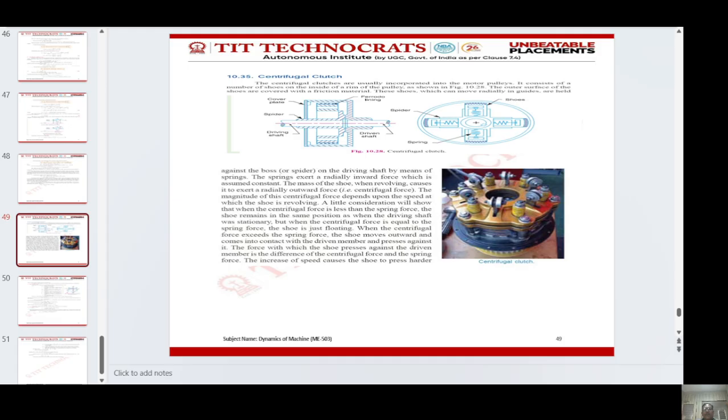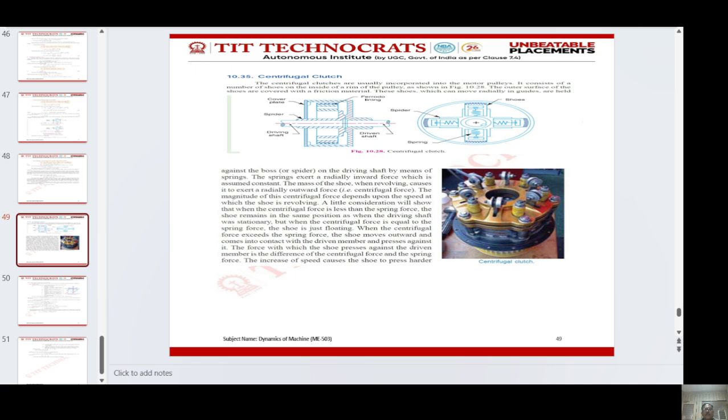A little consideration will show that when the centrifugal force is less than the spring force, the shoe remains in the same position as when the driving shaft was stationary, but when the centrifugal force is equal to the spring force, the shoe is just floating. When the centrifugal force exceeds the spring force, the shoe moves outward and comes into contact with the driven shaft member and presses against it.